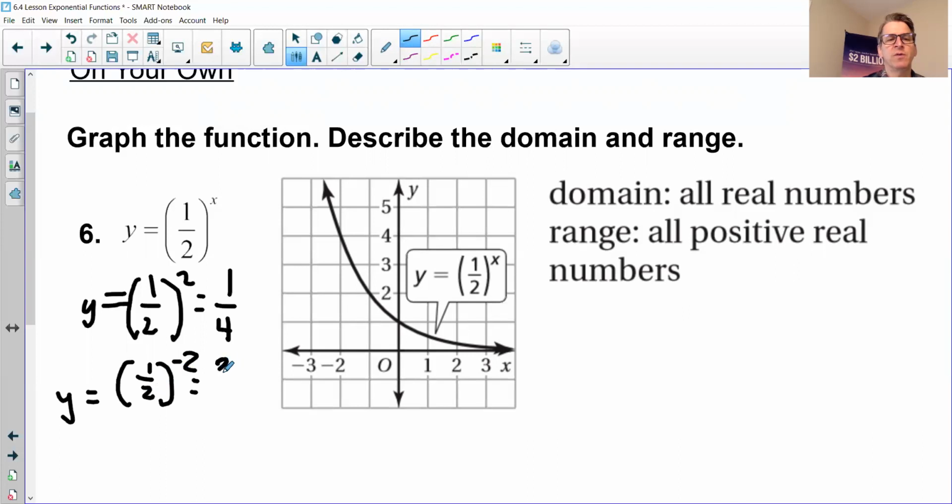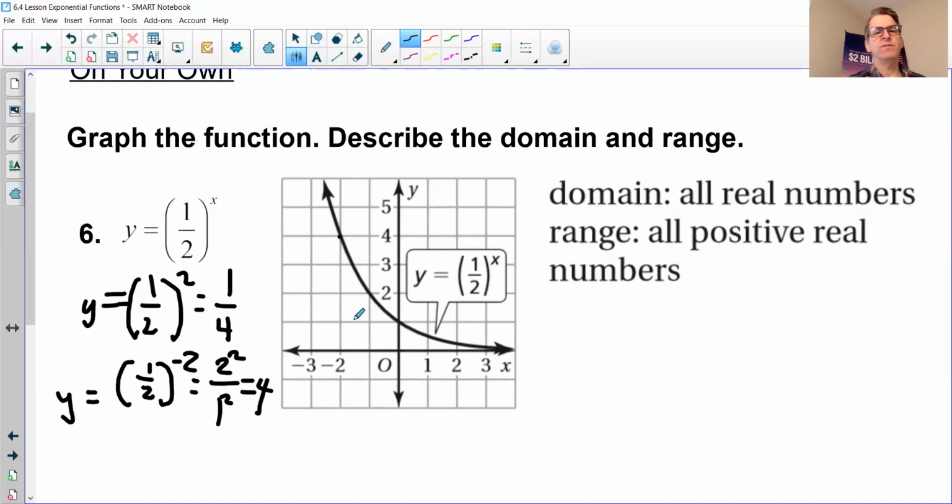This would be 2 squared over 1 squared, which is equal to 4. So when x is -2, we're up here at 4. As x gets more negative, y gets really large really fast.